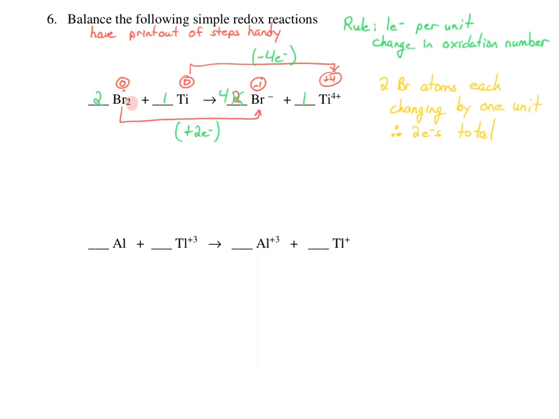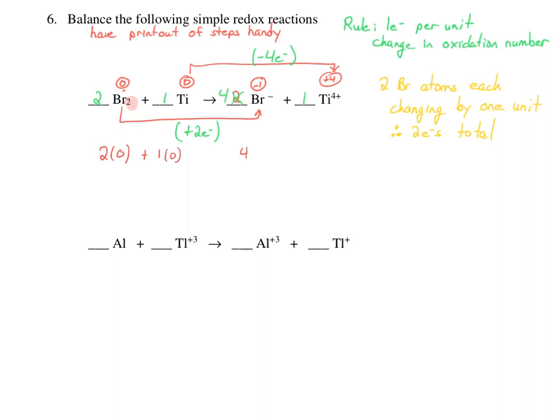Let's check our balance. 4 bromine atoms, 4 bromines. 1 titanium, 1 titanium. Now let's check the charge. So we have 2 bromines, each of which has a charge of 0. It's a neutral molecule. We also have a titanium, which is also neutral.